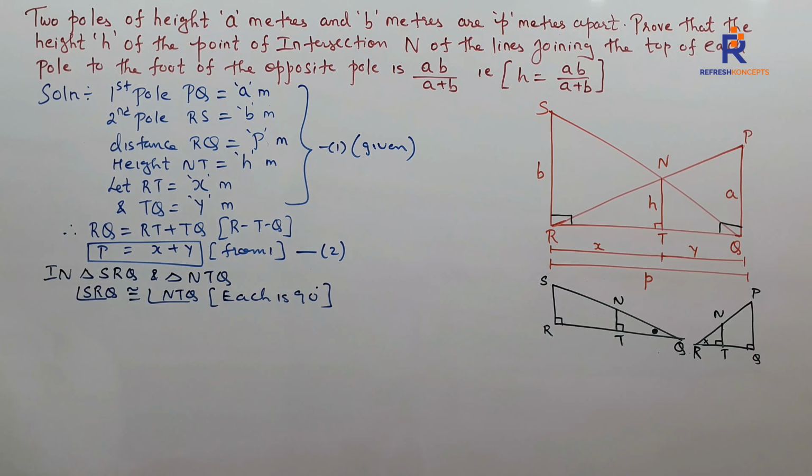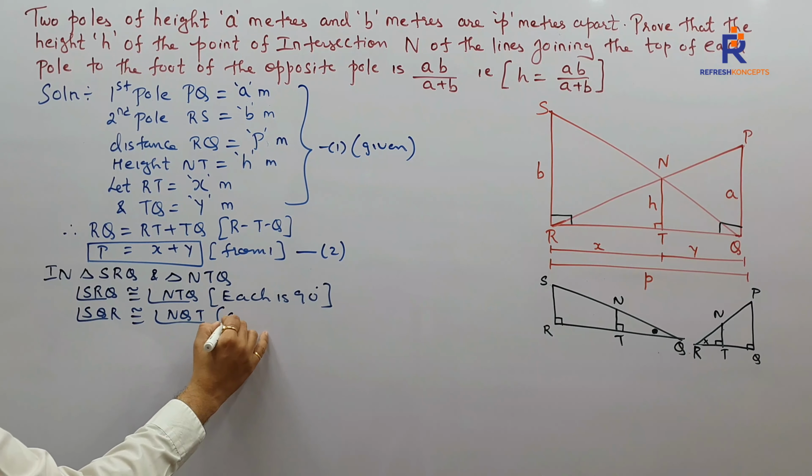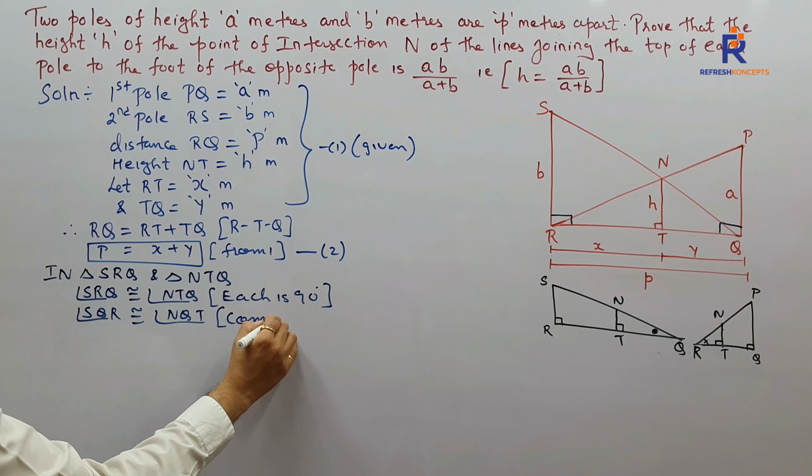Angle SQR congruent to NQT, common angle. Can I say, therefore, triangle SRQ similar to triangle NTQ by AA test?